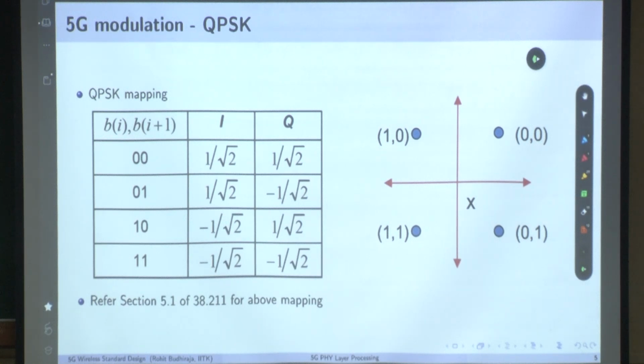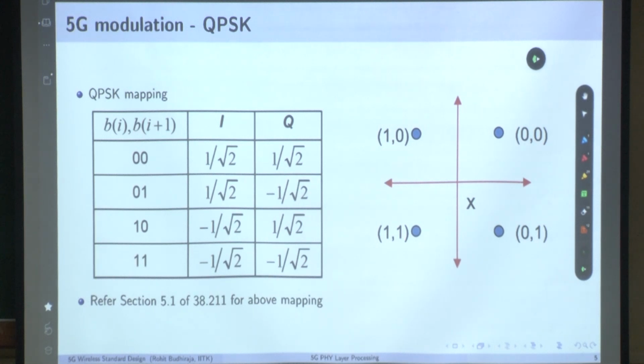Because we are looking at it for the first time, this bit to symbol mapping is called gray mapping, if you have not heard it before. What is gray mapping? Only one bit changes from here to here. You see this is 0,0, this is 0,1. From here to here again one bit is changing, and again from here to here.